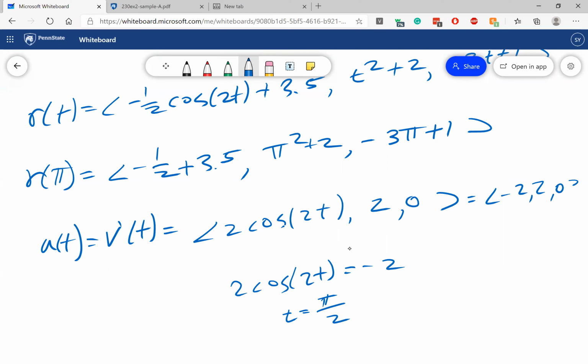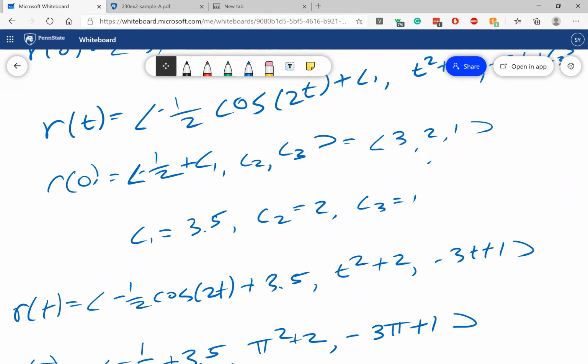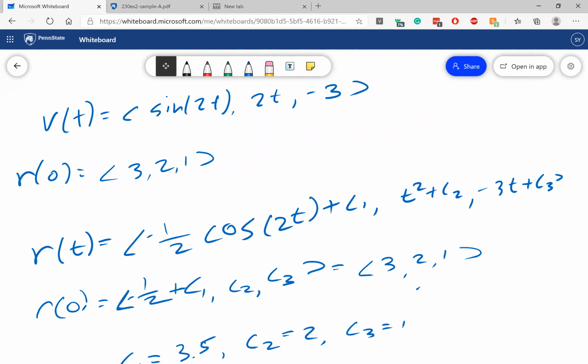Right, good. And so then we just need to look at our velocity. Our v of t was (sine of 2t, 2t, -3).